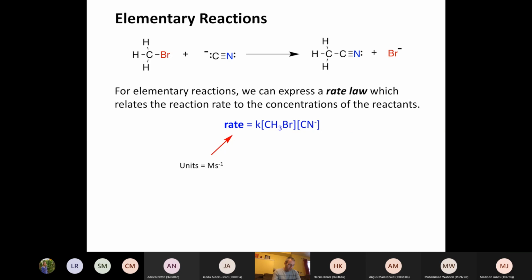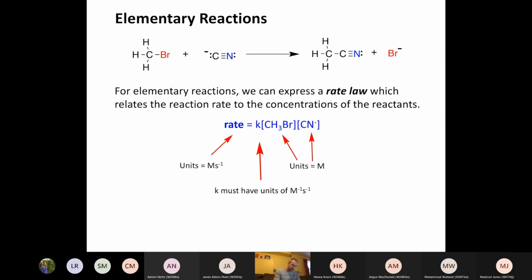All right, so remember that the units we're looking for in rate are always molarity per second, or molarity times seconds to the -1. The units for concentration of our reactants are always molar. So you can divide to figure out what the units of K are going to have to be. In this example, the units of K have to be molarity to the -1, seconds to the -1.